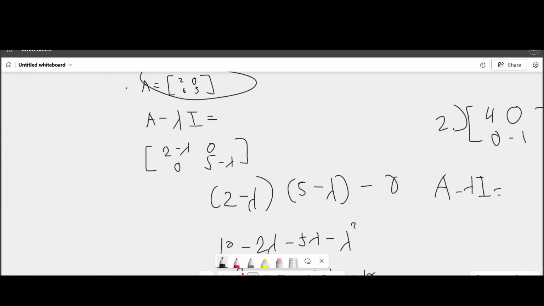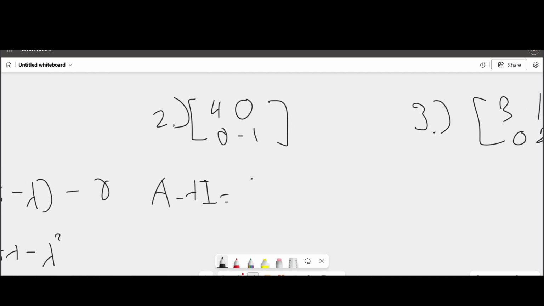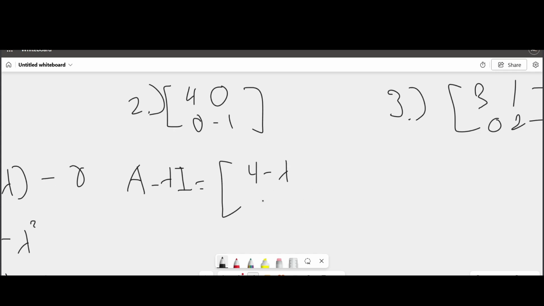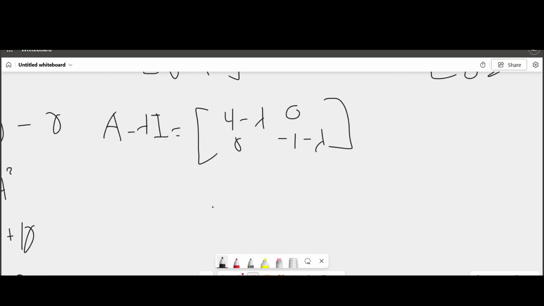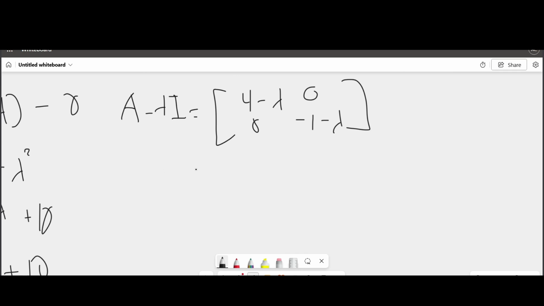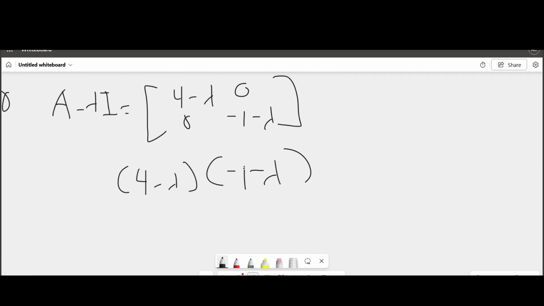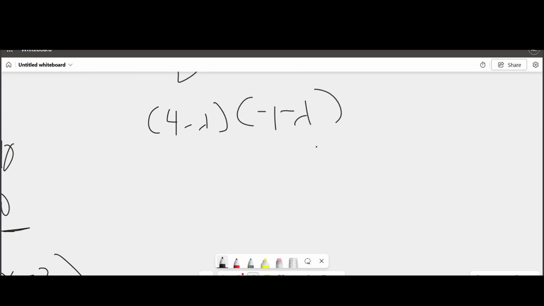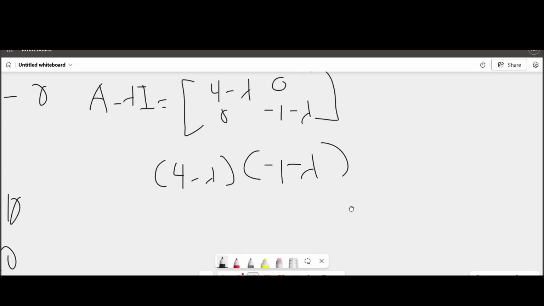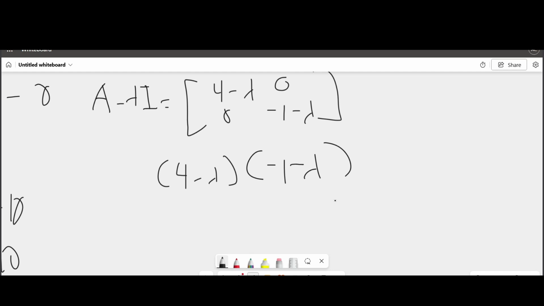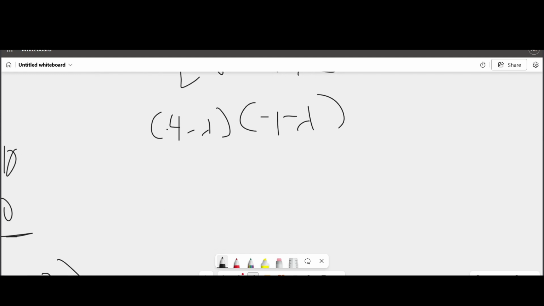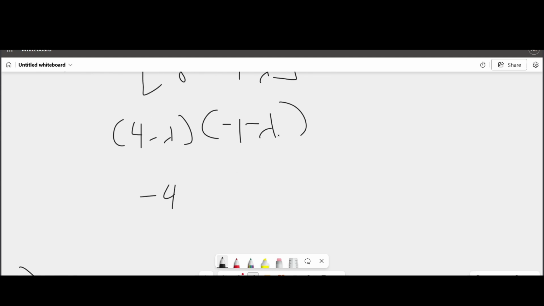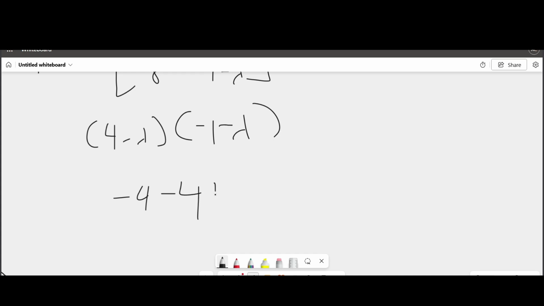Let's leave the first number as it is, and subtract lambda from it. Afterwards, you just have to multiply both of them. We can completely disregard the zeros, because you don't really need them; it would be very redundant to consider the zeros. So you just have to use the FOIL method again. 4 times negative 1 is negative 4. 4 times negative lambda is negative 4 lambda.